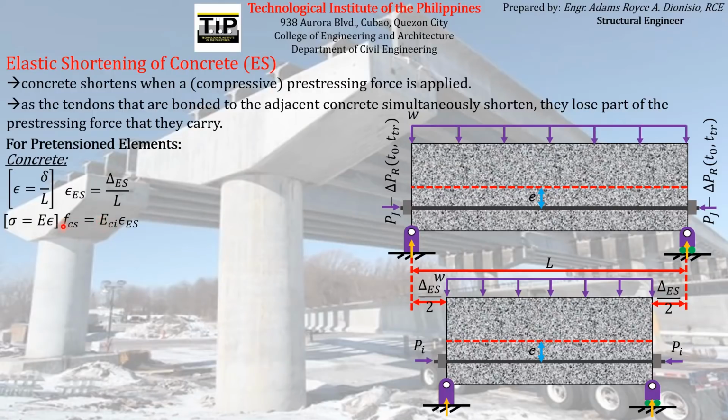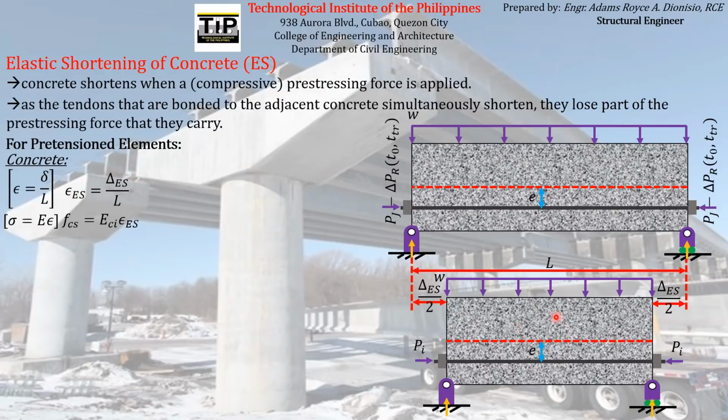And again, according to Hooke's law, this stress here must be equal to the product of the modulus of elasticity and the strain being experienced by the concrete, which is obviously equal to this, the term that we have computed a while ago. And again, we know that strain is just equal to the deformation over length.